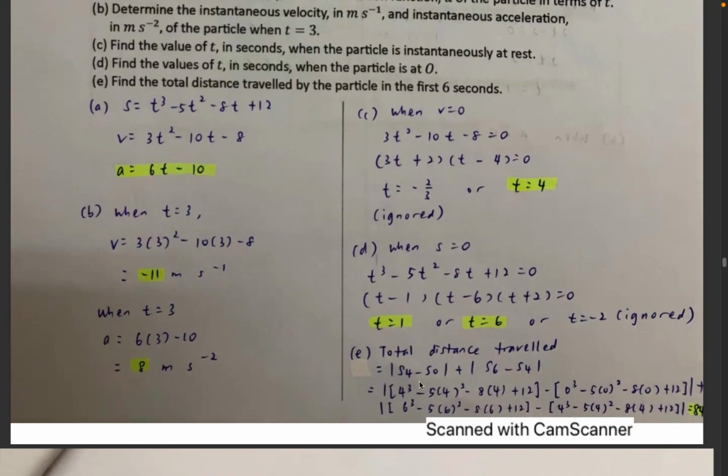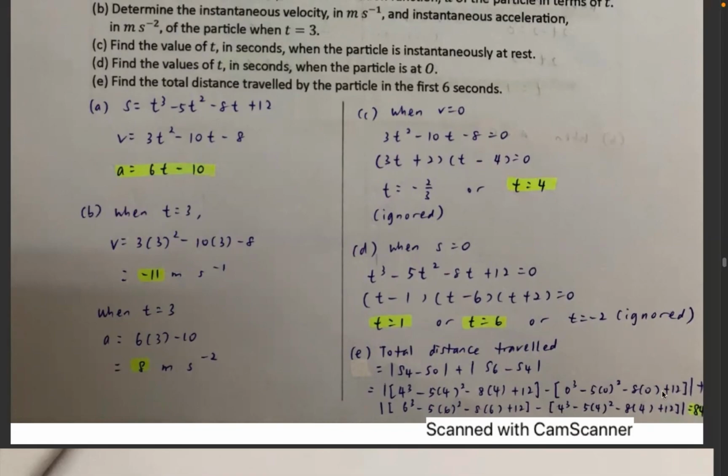So when we want to find total distance traveled, we have to separate it into two different parts. The first part is the distance traveled by the particle from t equals 0 until t equals 4. Another part will be the distance traveled from t equals 4 until t equals 6. So S4 means we just have to sub t equals 4 into the displacement function, minus S0, we substitute 0 into the displacement function.